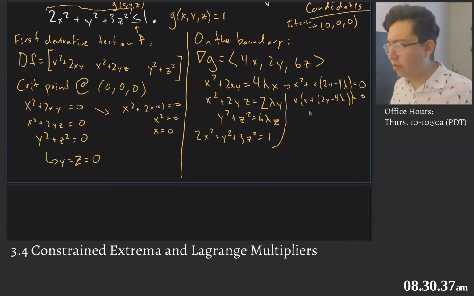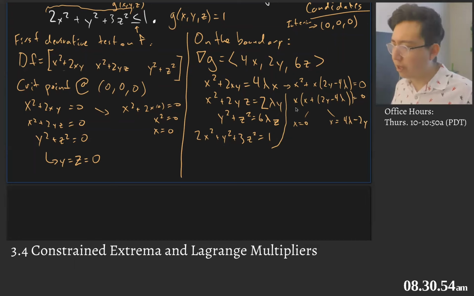So then there are two parts of this solution: x equals 0, and x equals 4 lambda minus 2y. Basically, you have x times x plus this, and that's equal to 0. So your two solutions are x equals 0, and then this equals 0, which I just moved everything over and got this here. Okay.